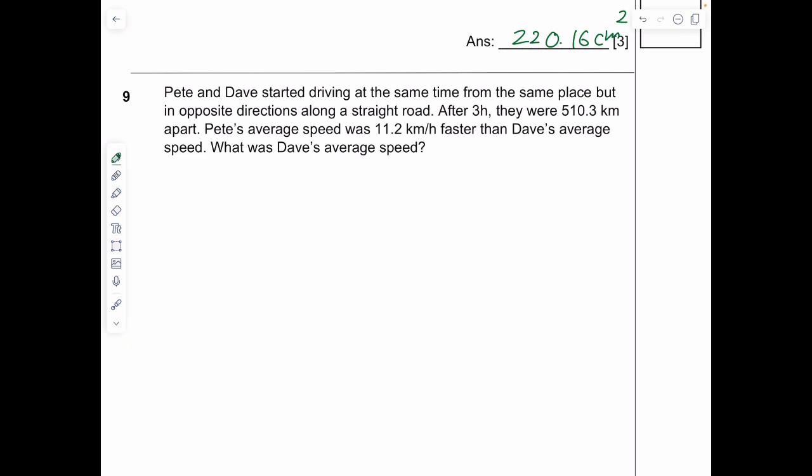Okay. Next question. Pete and David started driving at the same time from the same place, but in opposite directions along a straight road. So we can use a line to help us with this. So I have Pete, they drove from the same place but in opposite directions.